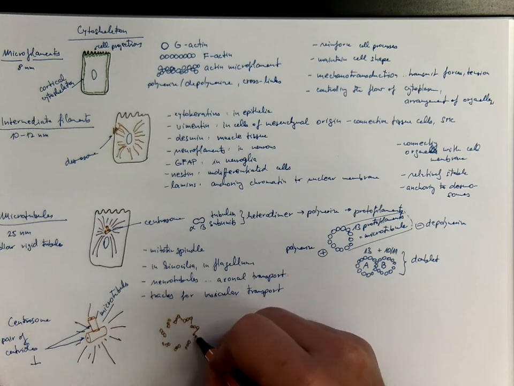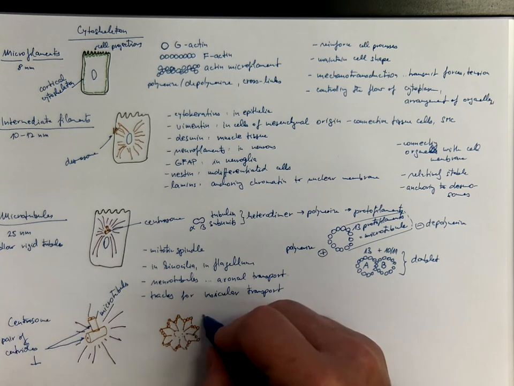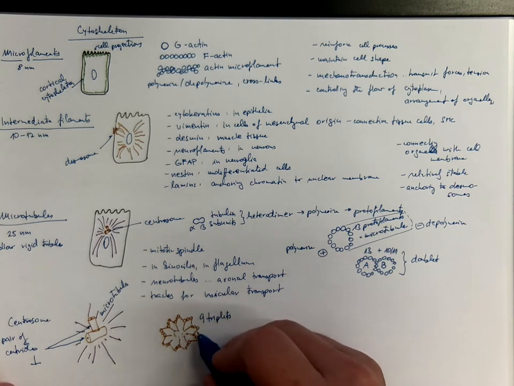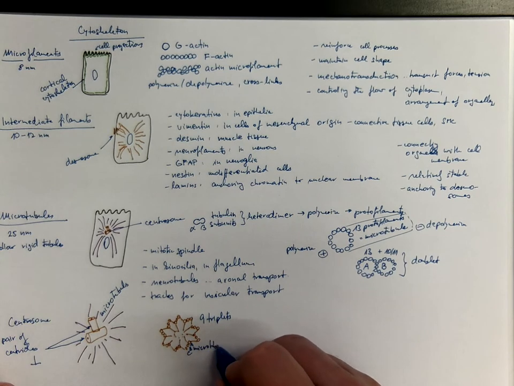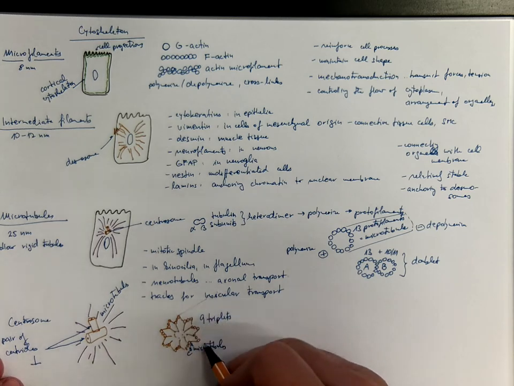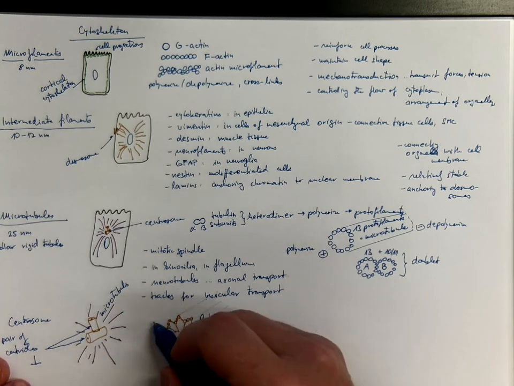And they are connected and stabilized, and there are some radial spokes. So there are 9 microtubule triplets, microtubules A, B, C. So this would be one of the centrioles. Okay, this is a centriole.